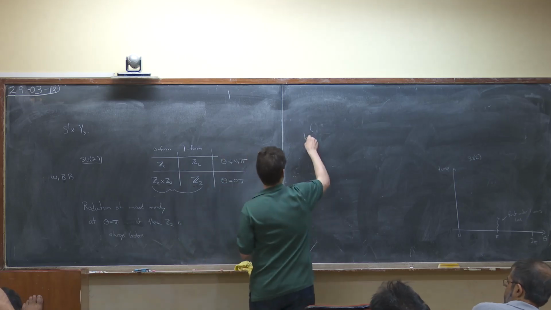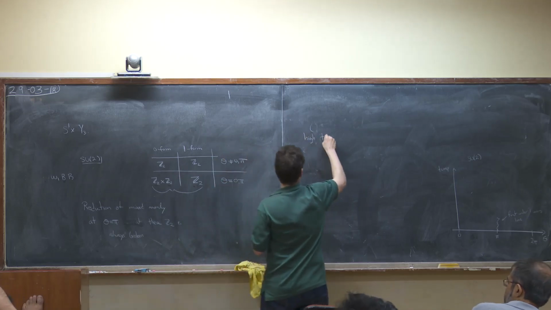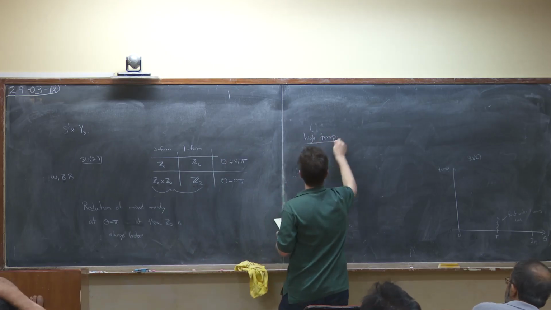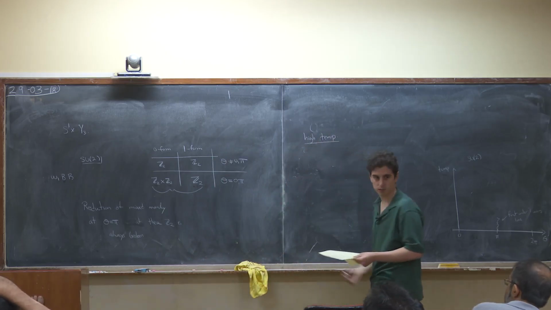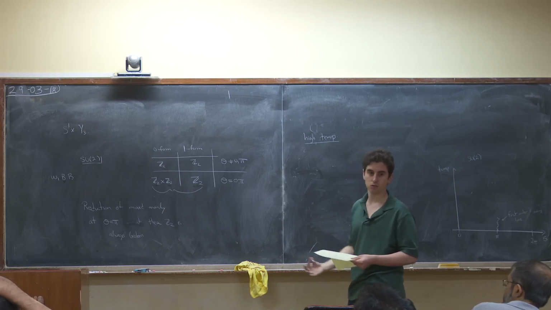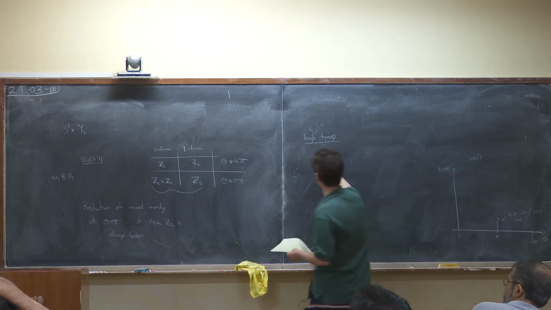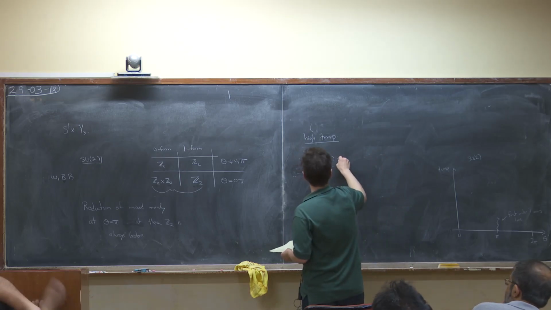So at high temperatures, you can study the theory by dimensional reduction. So you get SU(2) gauge fields in 3 dimensions plus one adjoint scalar.